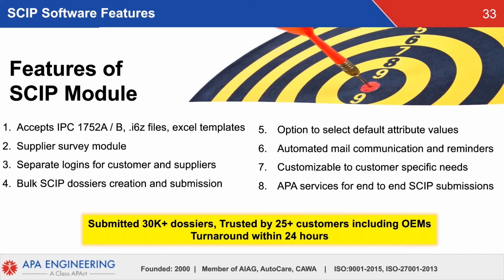API can provide a turnaround solution within 24 hours. In fact, using our GreenCheck module, we have submitted 7,000 SCIP dossiers in a matter of 3 hours.